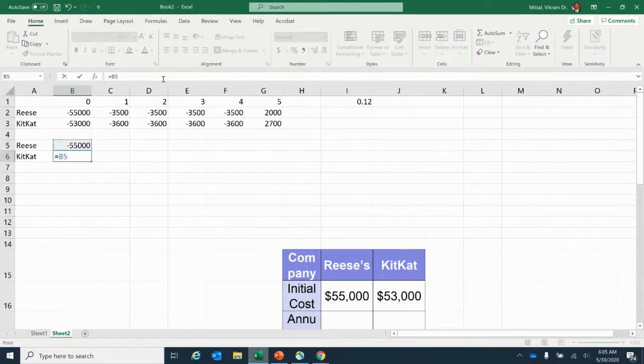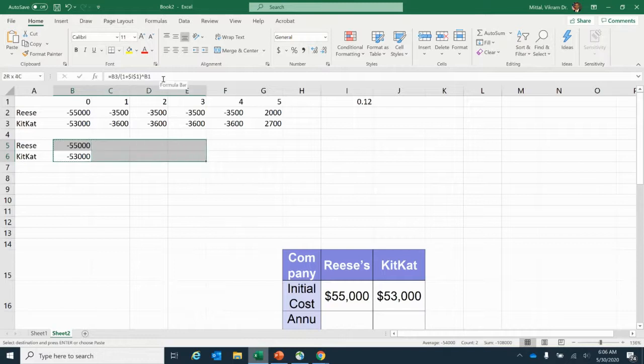Meanwhile, this for the Kit Kat would equal something similar. 1 plus the interest rate, let's lock in that cell. And because we're using this equation, we can just copy it across.